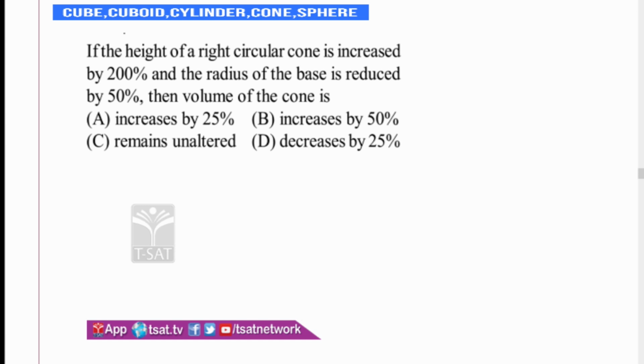Next one, the height of a right circular cone is increased by 200%, which means you are actually making it 3 times of the height, and the radius of the base is reduced by 50%, then the volume of the cone.